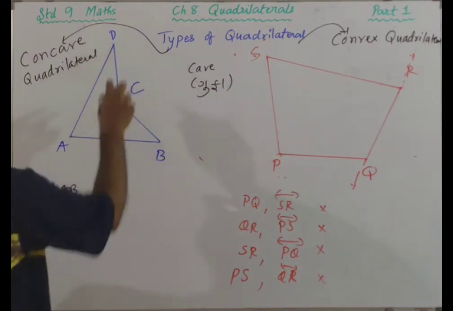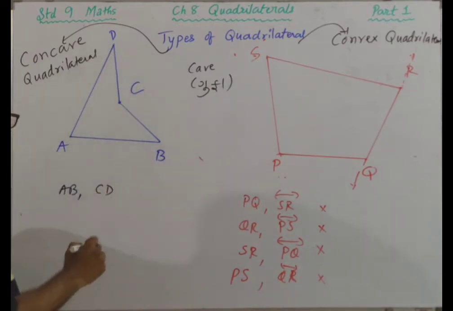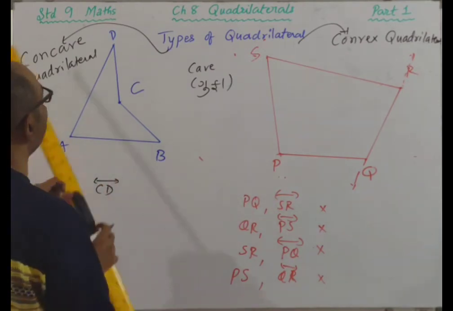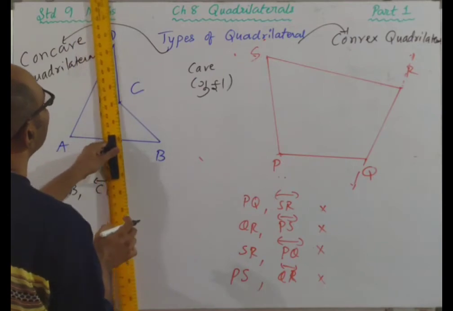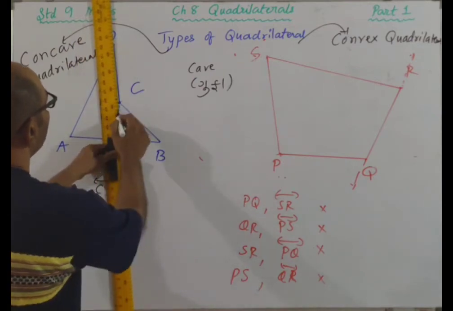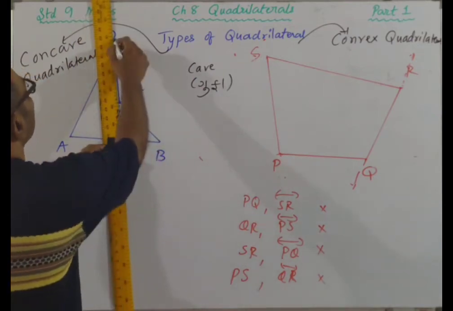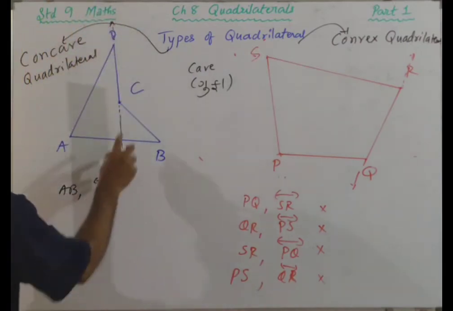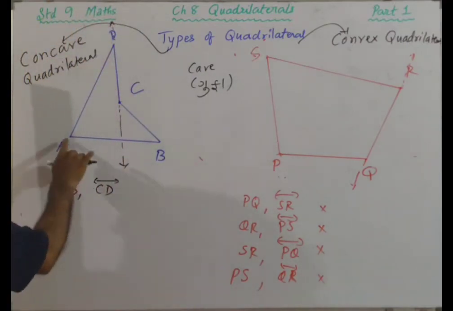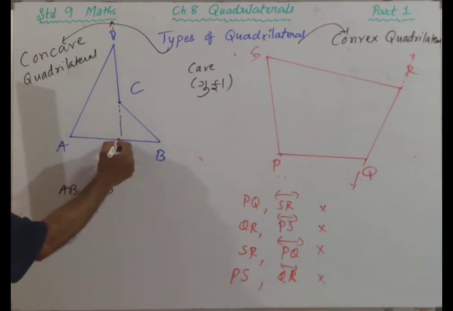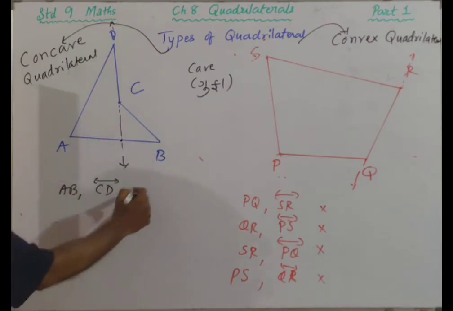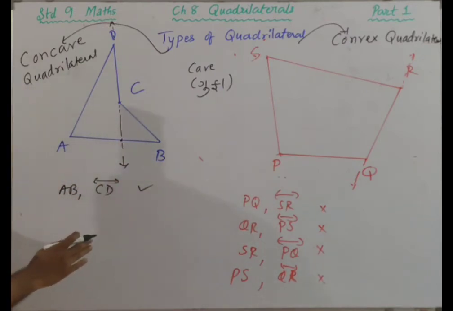AB के सामने वाली साइड CD. ये साइड CD को कंटेन करने वाली लाइन ले लो. तो CD को एक्सटेंड करो दोनों साइड. So this is the line containing the opposite side CD. Will AB and that line intersect? Yes, they intersect.